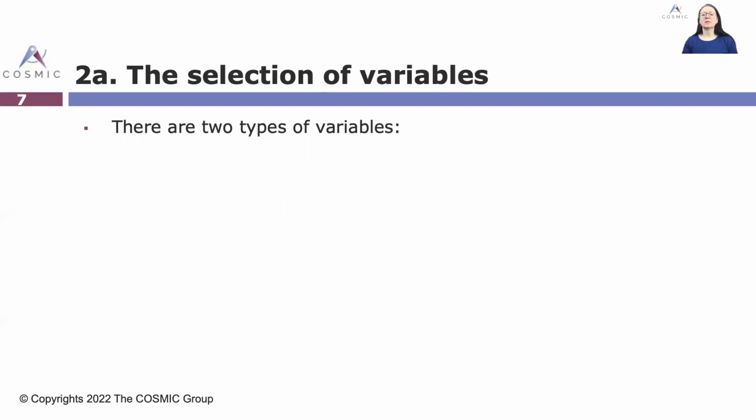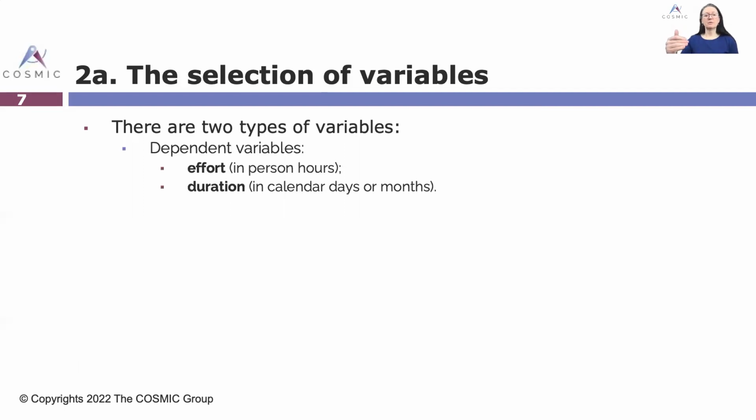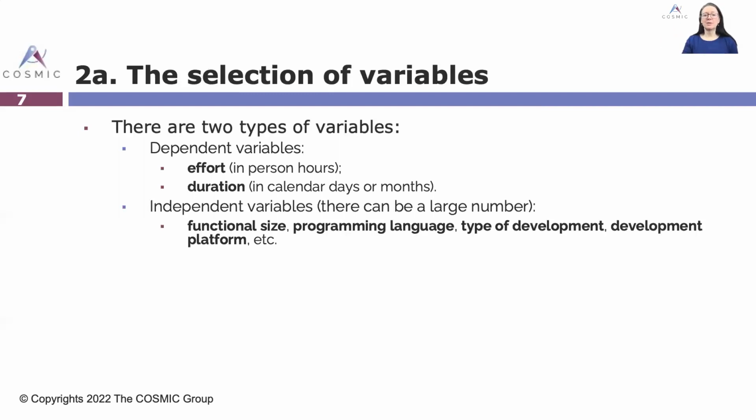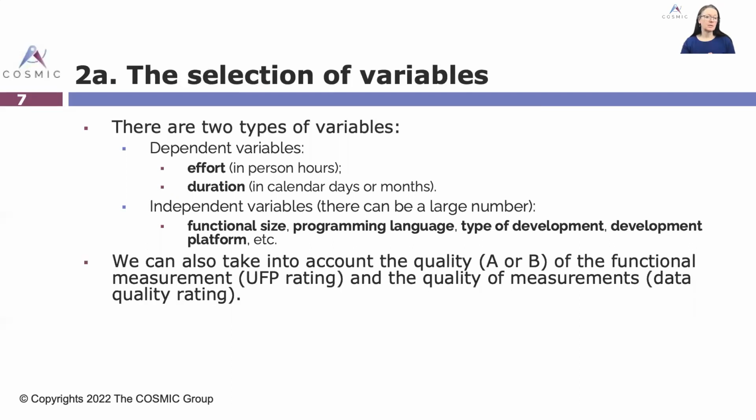When it's time to select the variables, what we need to understand is that there are 2 types of variables. The dependent variables, such as effort and duration, because those will be derived from the independent variables, such as functional size, programming language, type of development, development platform, the main programming language, etc. There's also the quality of data that must be taken into account.